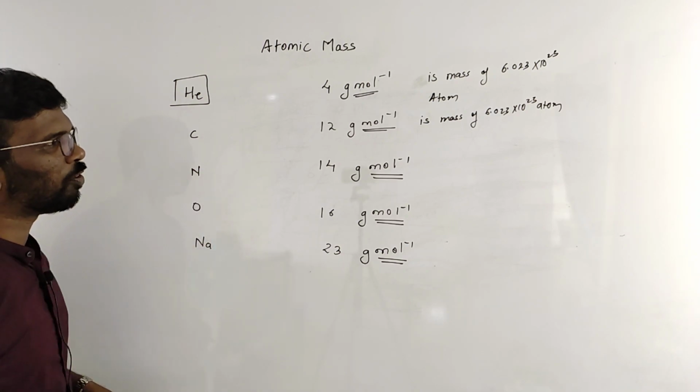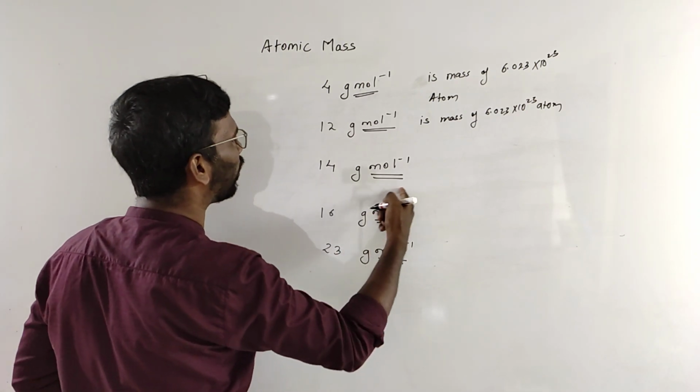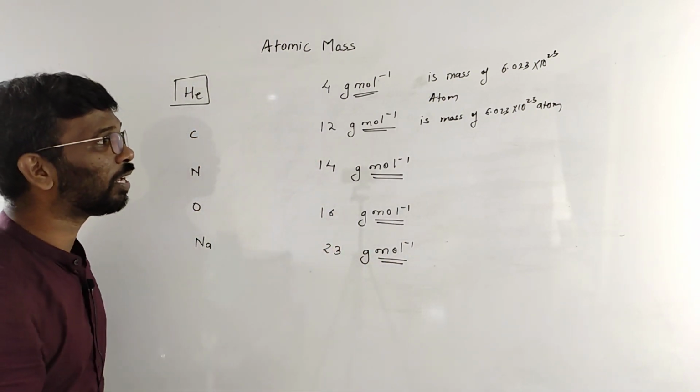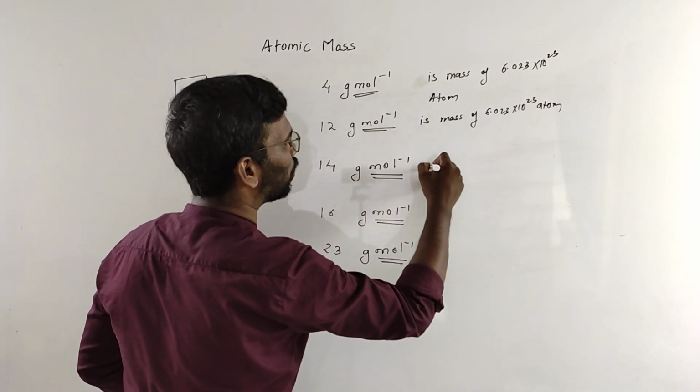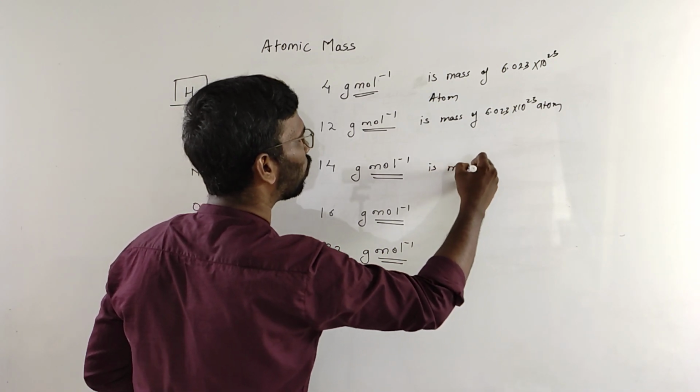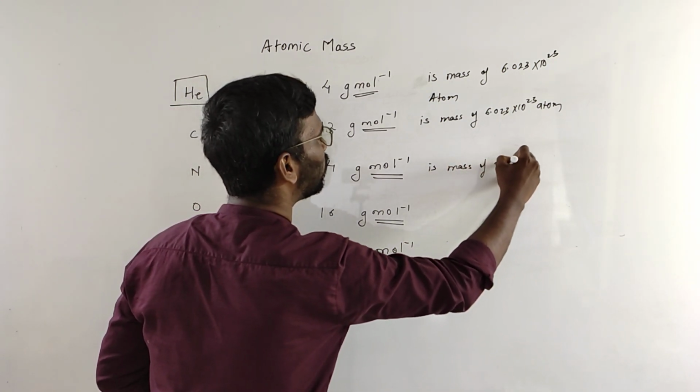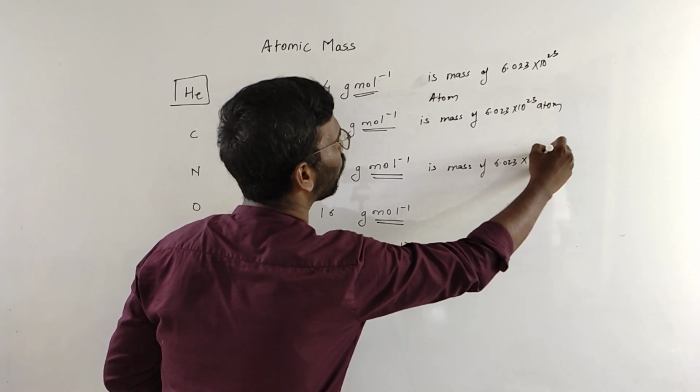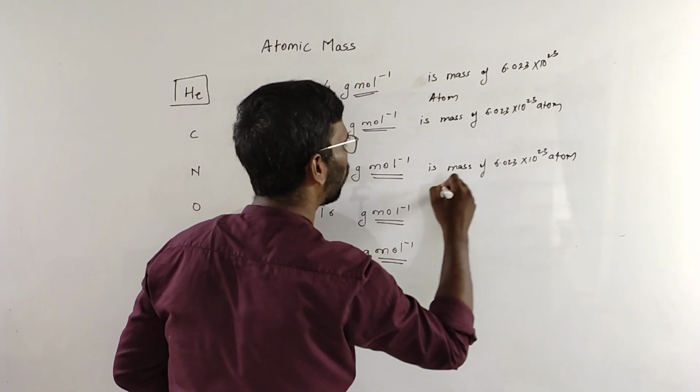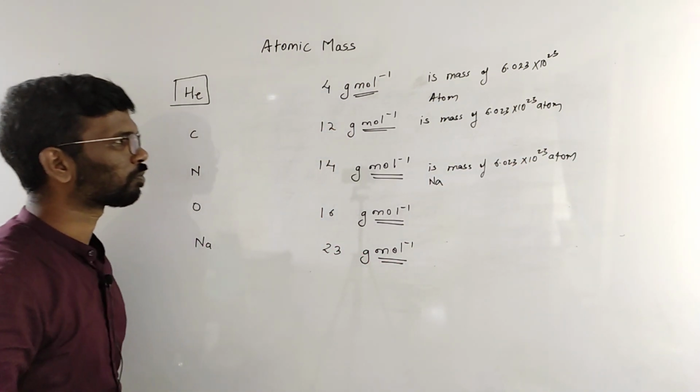Like nitrogen, if I am saying it is 14 grams per mole, when will it weigh 14 gram? When this many atoms come together. So this is the mass of 6.023 into 10 raised to 23 atoms of nitrogen. Sorry, I made a mistake, it is nitrogen here, not sodium.